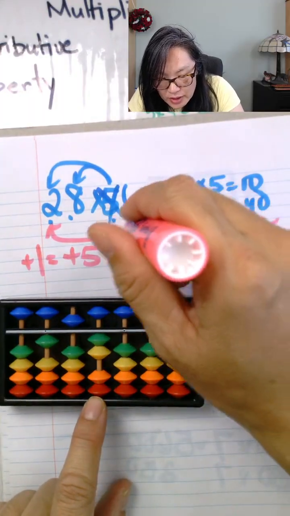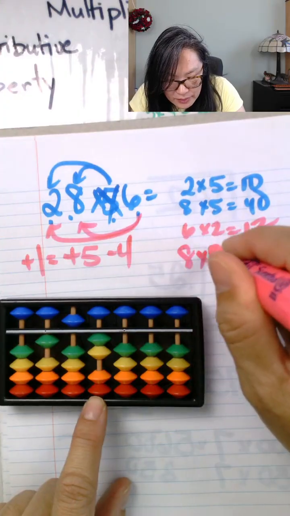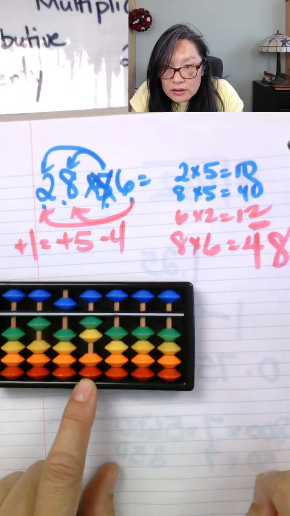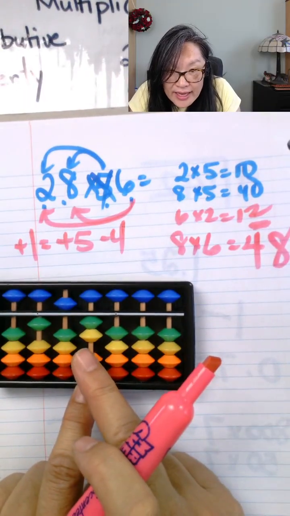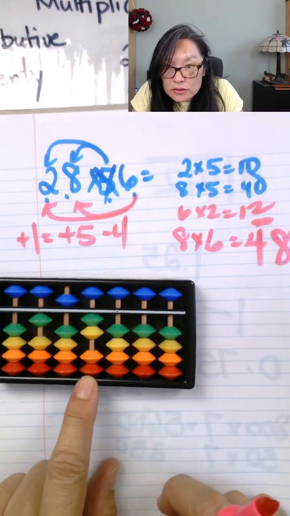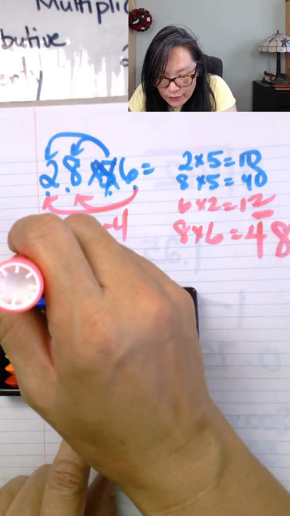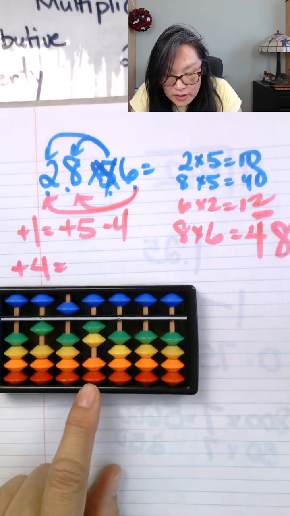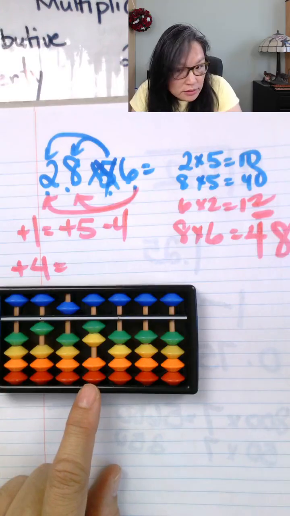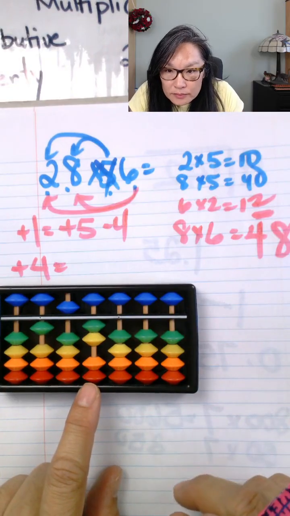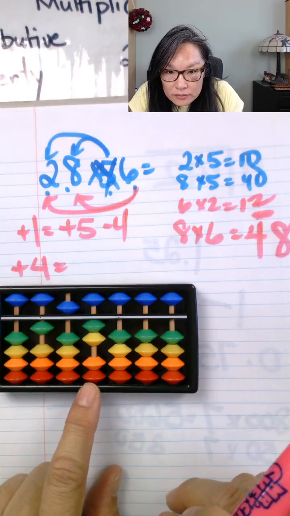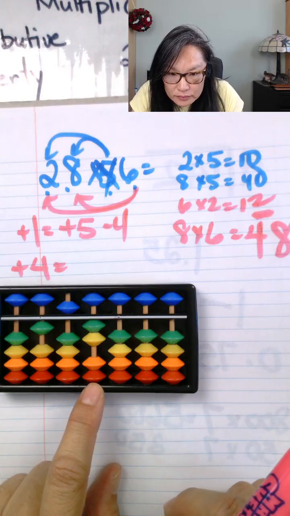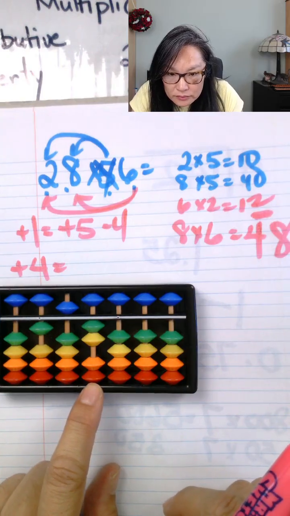Now what are we going to do? 8 times 6 is equal to 48. Right? How do we add the 4? We got to add 4. We know this.